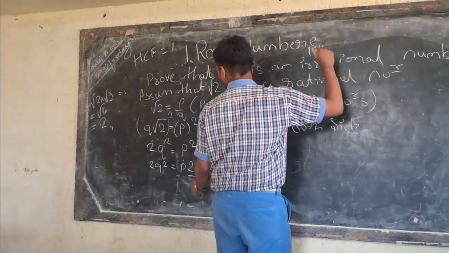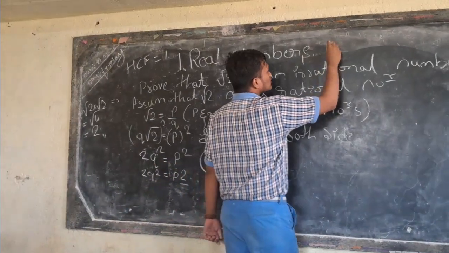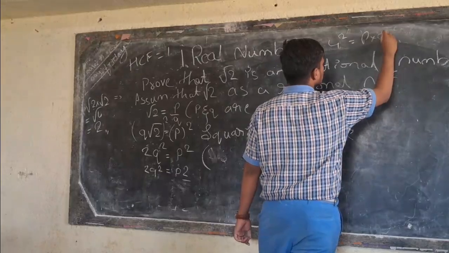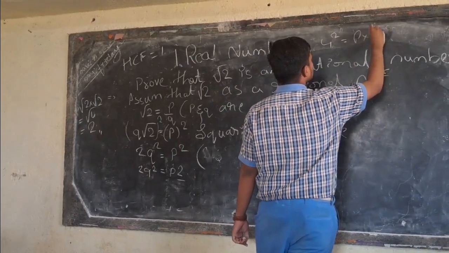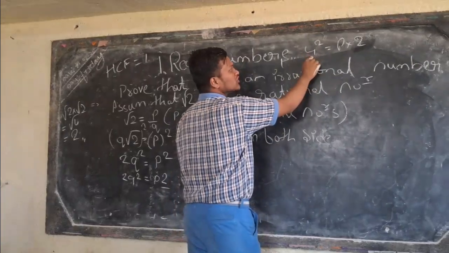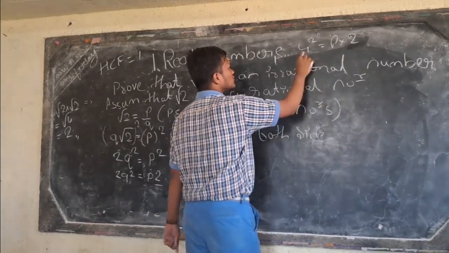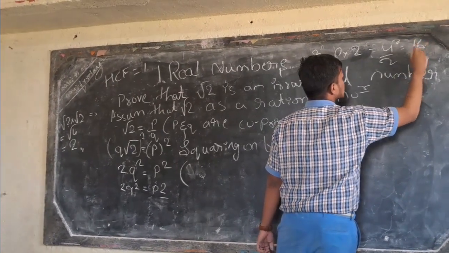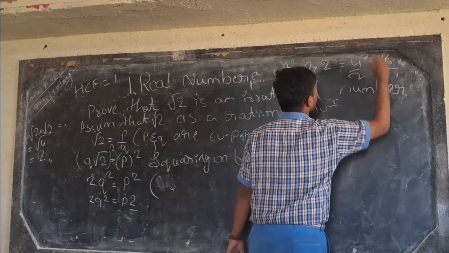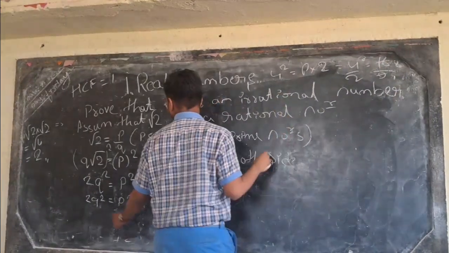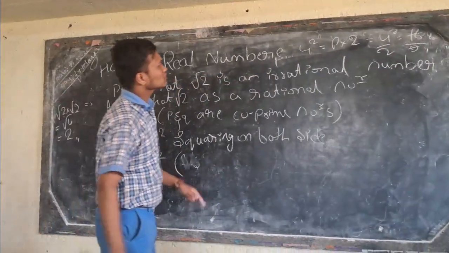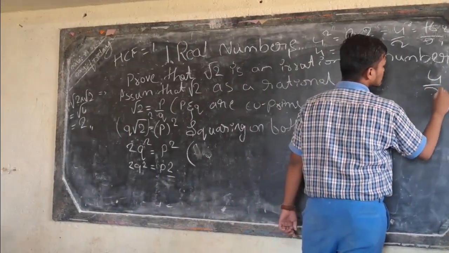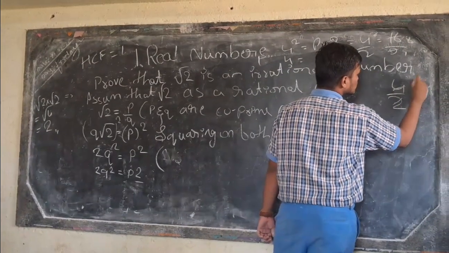That theorem says that when a number squared is divisible by 2, then the number is also divisible by 2. For example, 4 square is equal to 16. 2 eights are 16, and here 4. 4 is also divisible by 2. Let's see here, 4 is divided by 2 or not? 2 twos are 4.